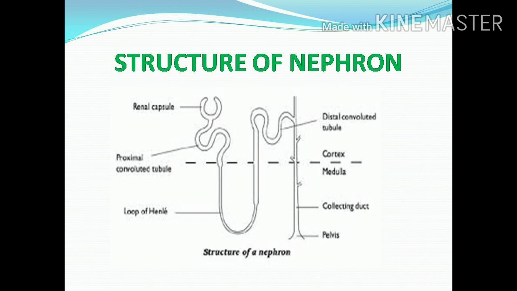The renal medulla has a striped appearance because the loop of Henle and the collecting duct lie in the renal medulla region, and they are straight line structures. They are not convoluted. You can observe in the diagram that the loop of Henle and collecting duct are in the renal medulla region. Bowman's capsule, glomerulus, PCT and DCT are in the renal cortex region.